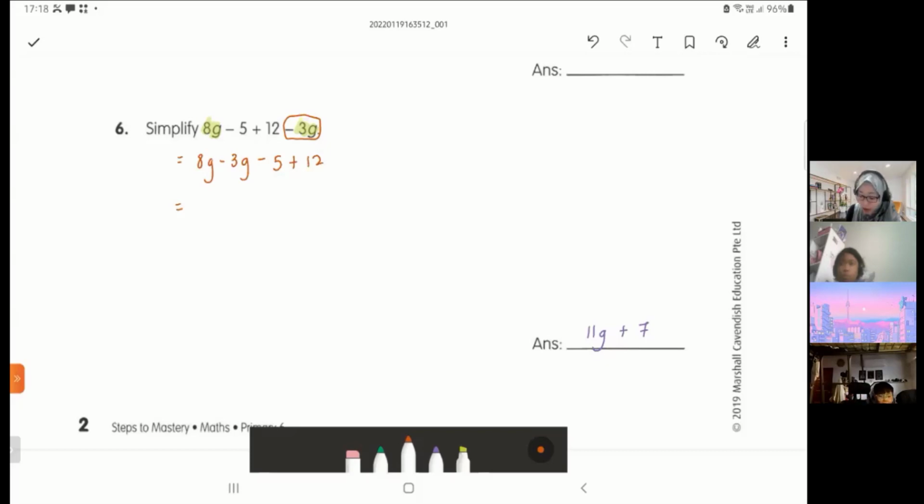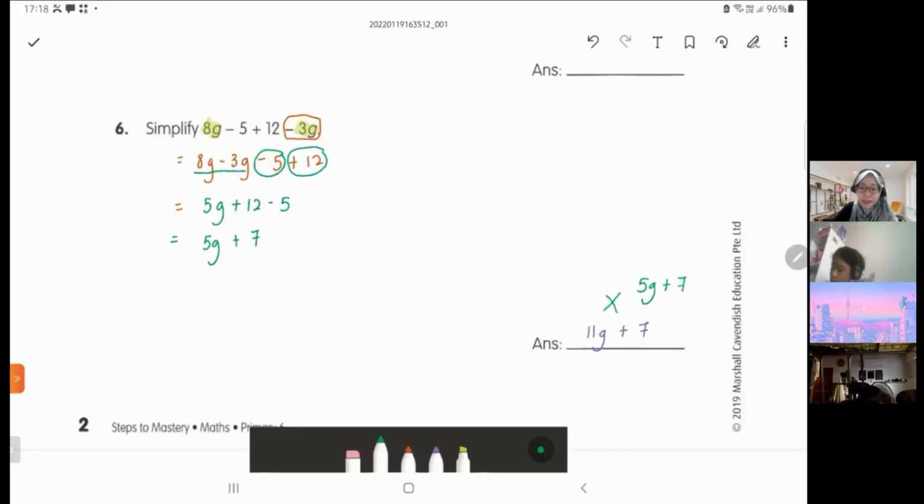Cannot, right? You have not learned how to do minus 5 plus 12. So remember, the sign belongs to the number in front like that. So what I'm going to do is, I'm going to solve this one first, which is 5g. All right, in this case, I'm going to swap to plus 12 minus 5, like this. Okay, equals to 5g plus, so 12 minus 5 is 7. My answer is 5g plus 7.